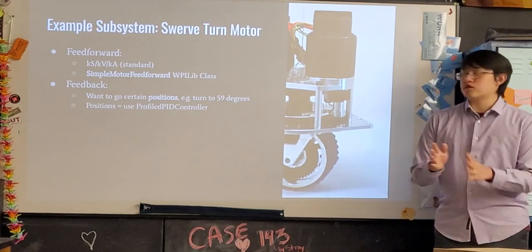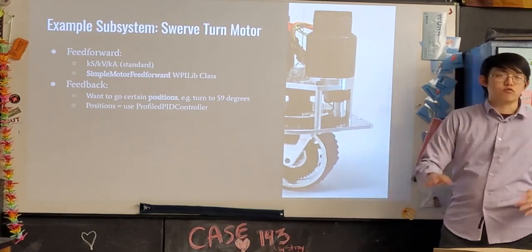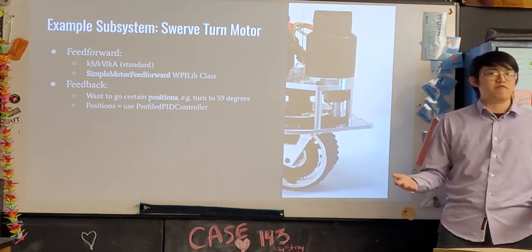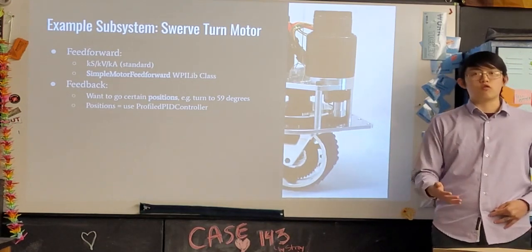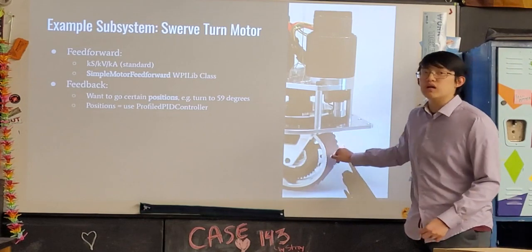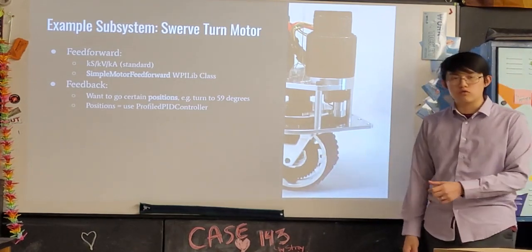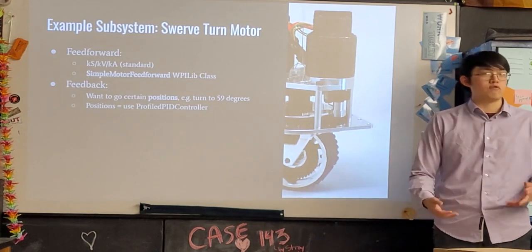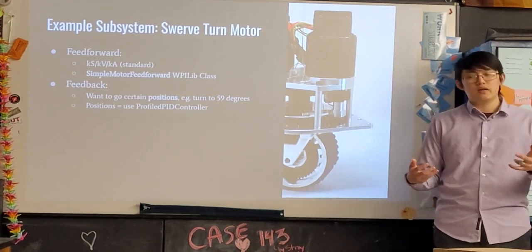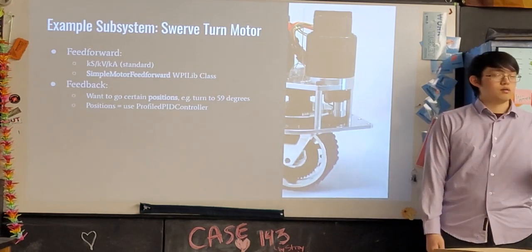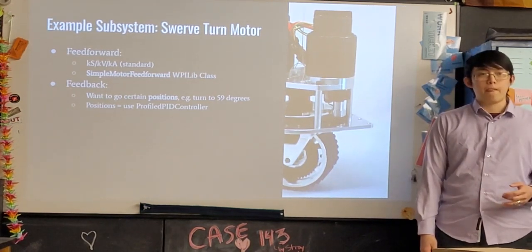The issue is that swerve drives need to react really fast. An elevator doesn't need to get from point A to point B in half a second or even a quarter of a second, but a swerve drive does, right? You tell it to start going a certain direction. You can't wait for the turn motors to finish a long plan. So that's why instead we use a normal PID controller.